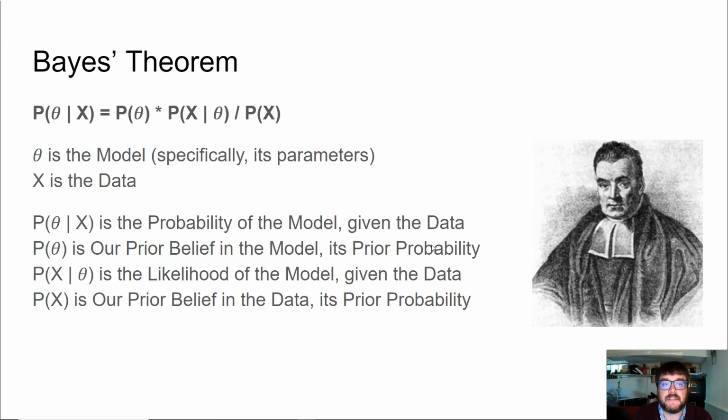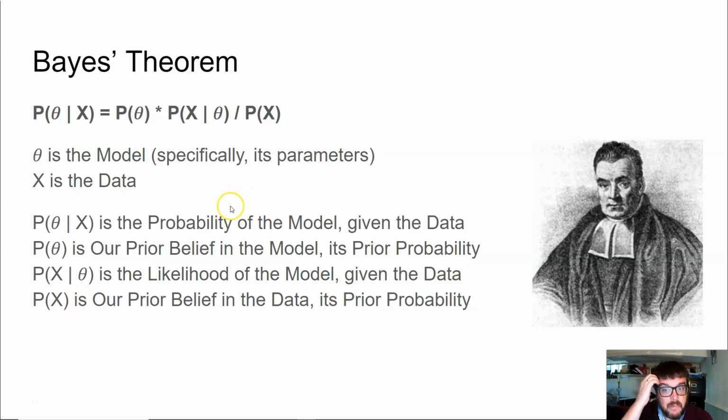This guy Thomas Bayes, although this is actually probably not a picture of him, but it's the closest thing that we have. He was a cleric in Britain in the 18th century, and he was interested in gambling for, I'm sure, purely spiritual reasons.